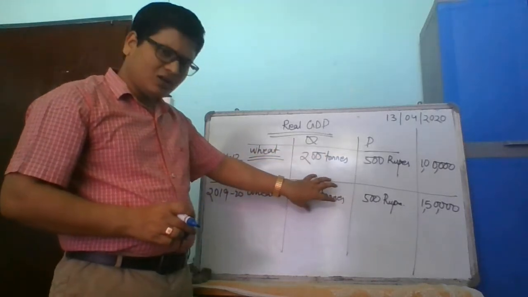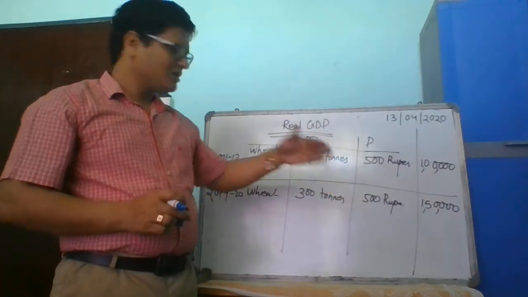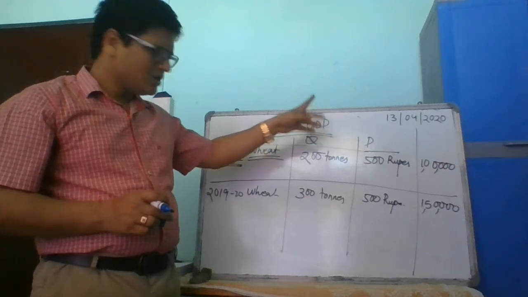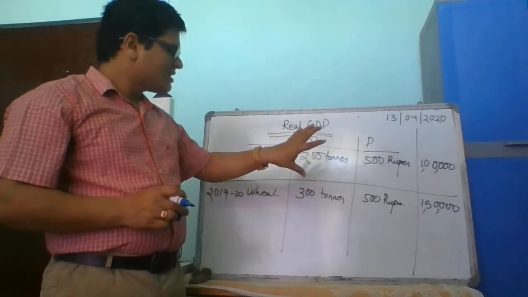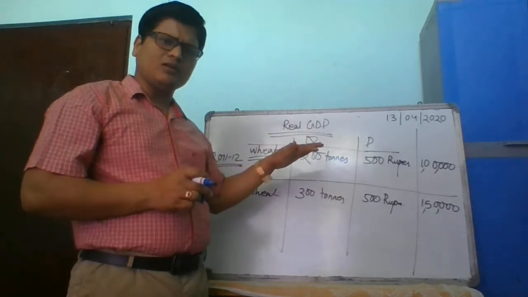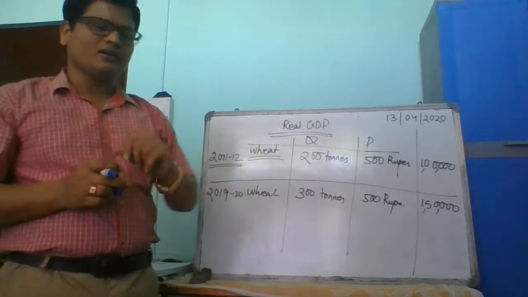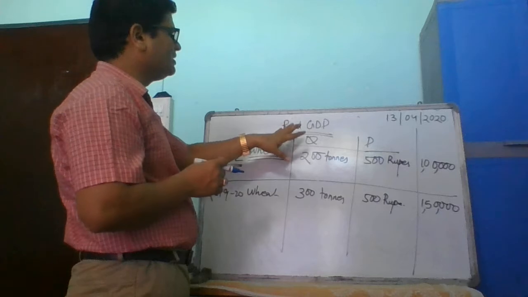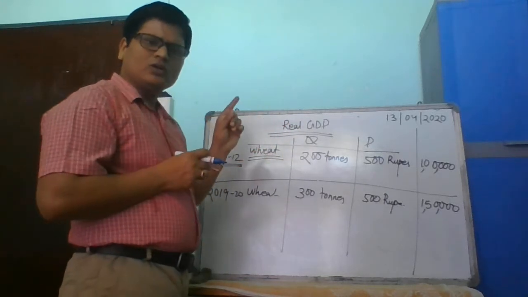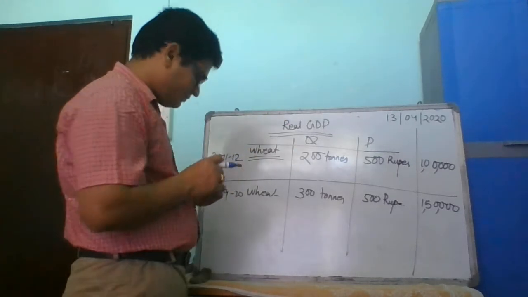Quantity is taken for the current year, and price is taken for the base year. Here quantity increases, so real GDP increases. Quantity increases means the share for each individual will increase. It leads to social welfare. So real GDP is a better indicator in comparison to nominal GDP in case of social welfare.